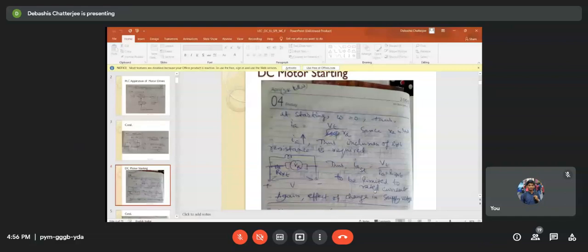So you don't need that initial resistance to allow only 100% of the rated current. You can have a choice, like 150%, 125%, and so on.